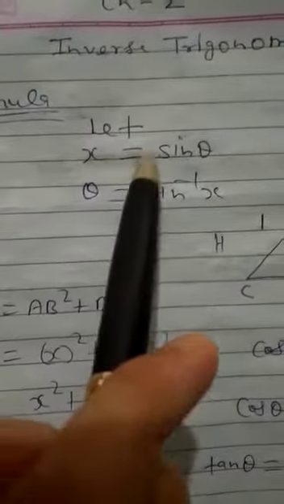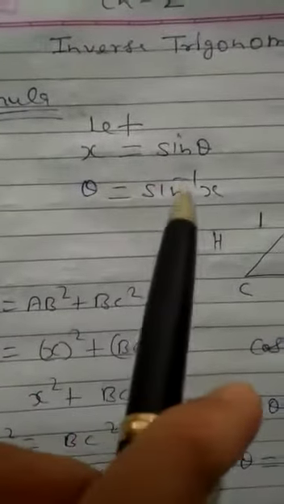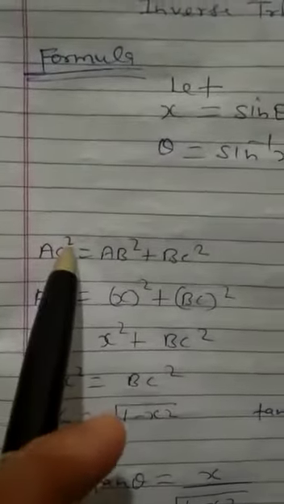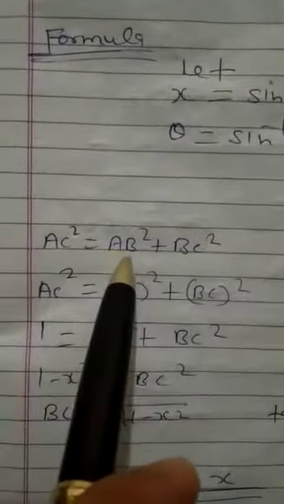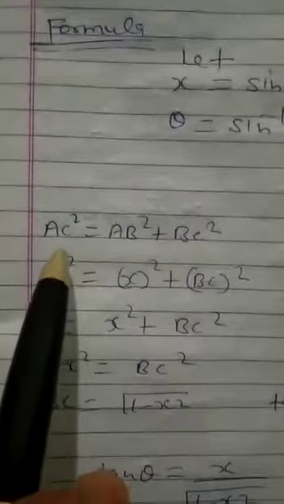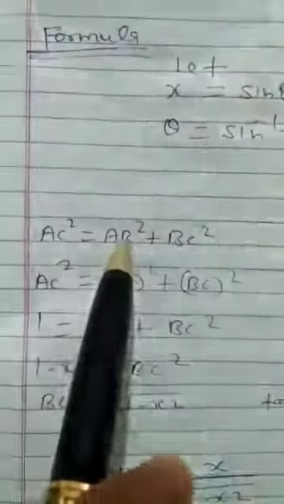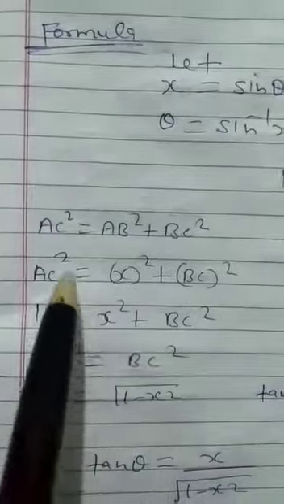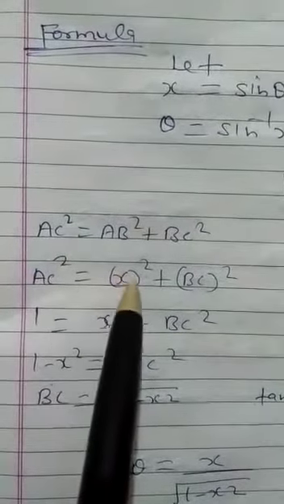Now x is equal to sin theta, then theta is equal to sin inverse x. Using the Pythagoras theorem, AC square is equal to AB square plus BC square, meaning hypotenuse square is equal to perpendicular square plus base square. AB is given as x, and AC is 1, so 1 is equal to x square plus BC square.